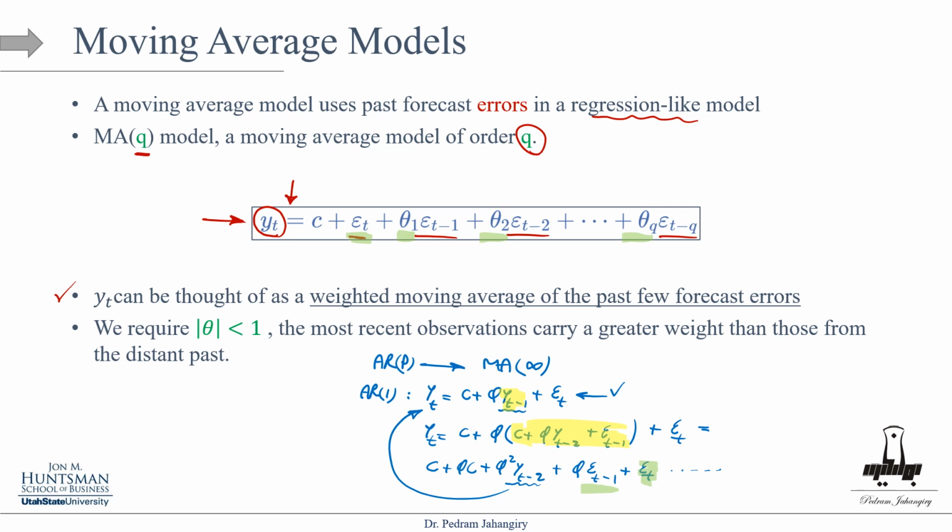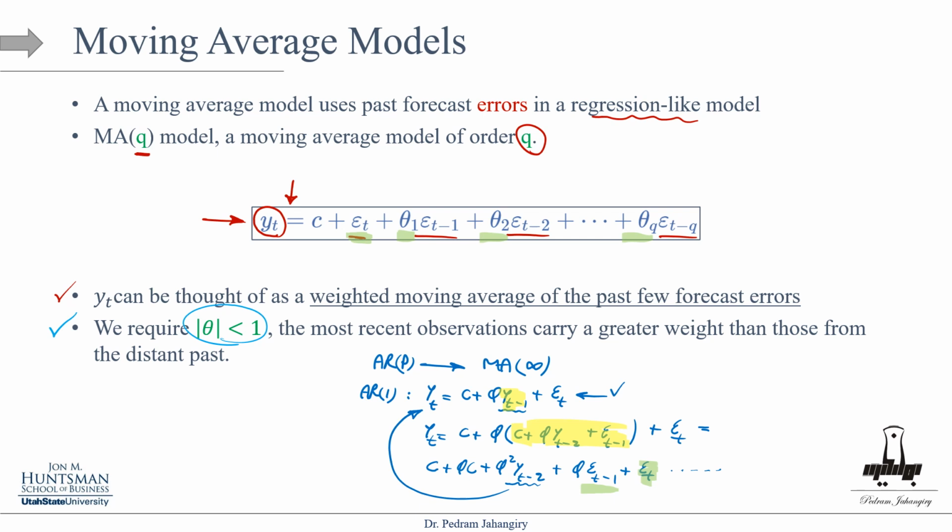Think about it intuitively, right? Imagine you want to forecast into the future, and you have nothing. Your next forecast is a random number and it's purely error, right? And then the forecast after that is also error. So it's going to be a combination, or weighted average, of the previous errors. Then we're going to put some restrictions. We're going to say that this theta should be less than 1 and greater than minus 1.